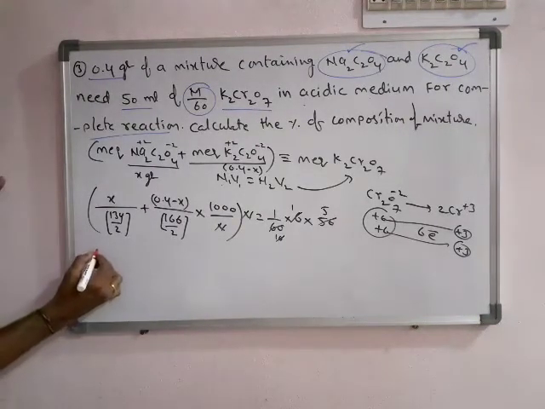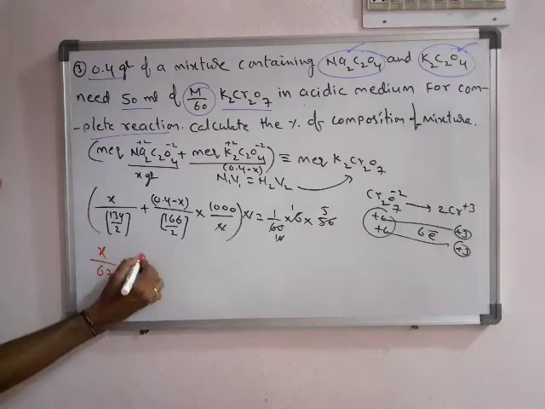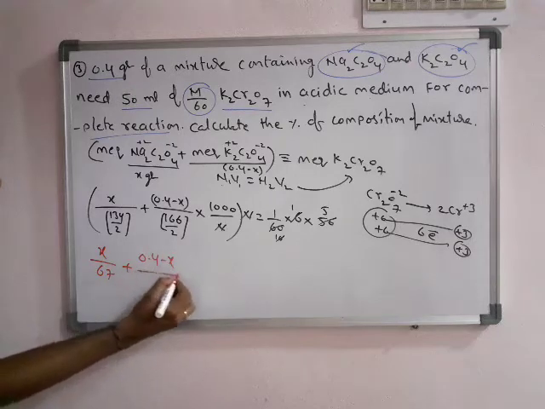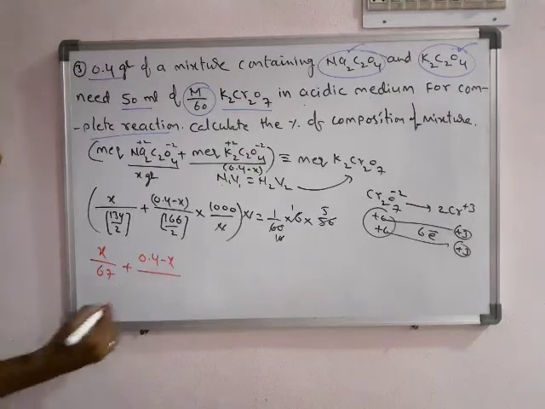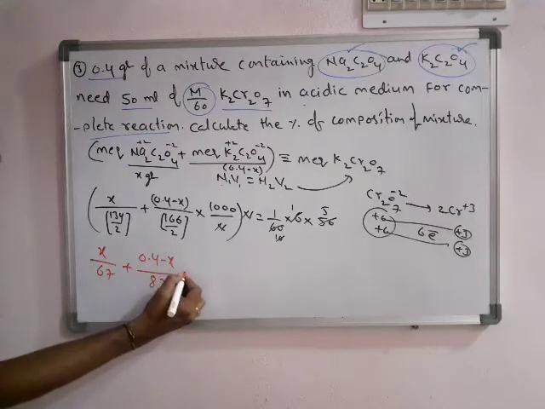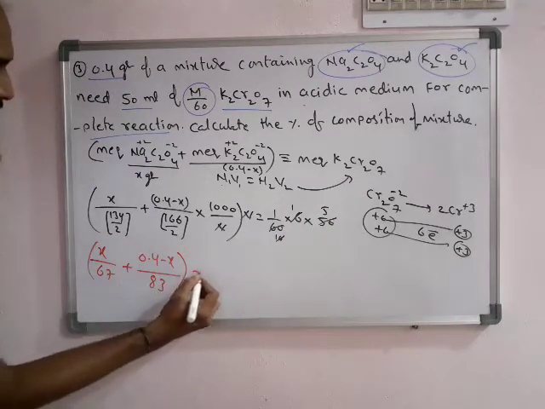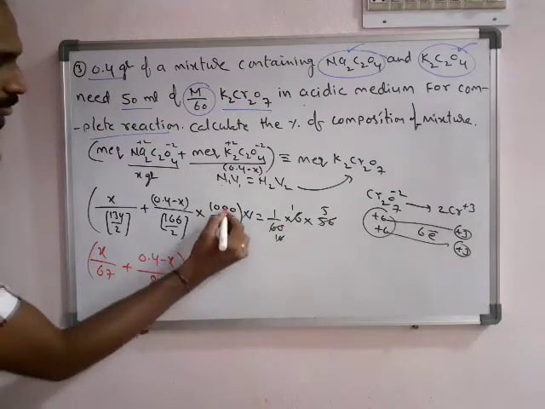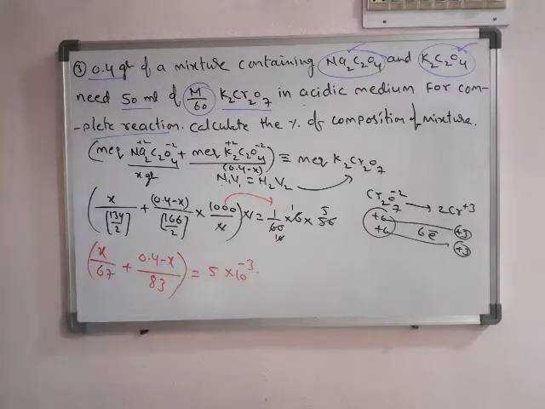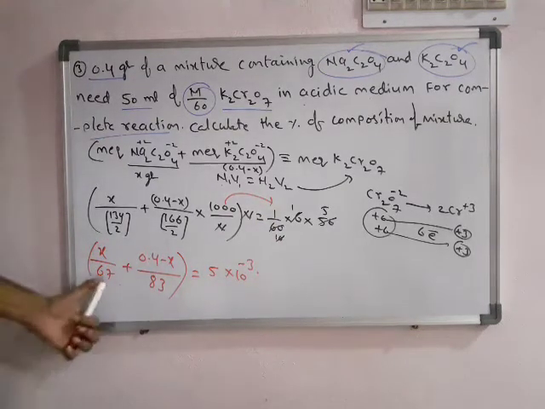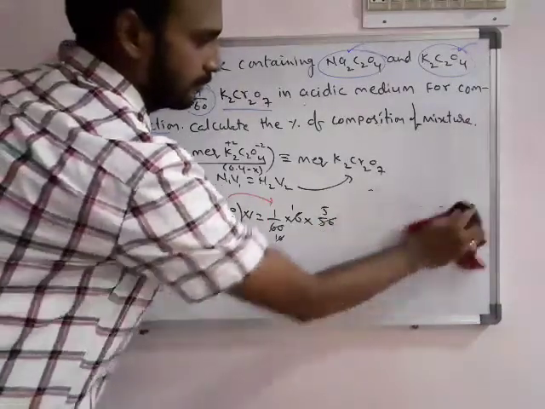And here we can write 67 plus x by 83, equal to 5 into 10 power minus 3. On further simplification we will get the x.